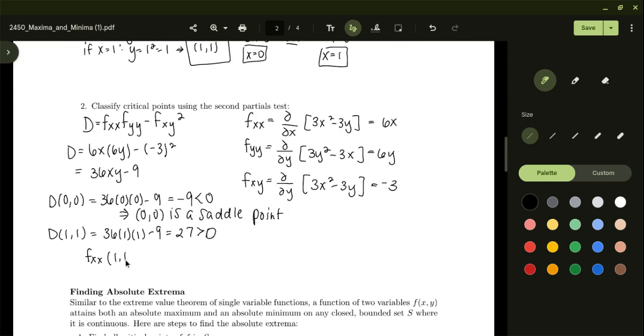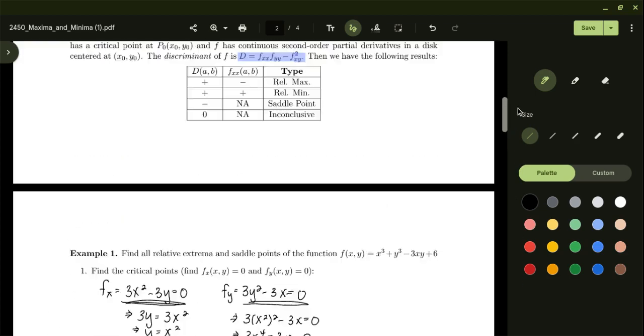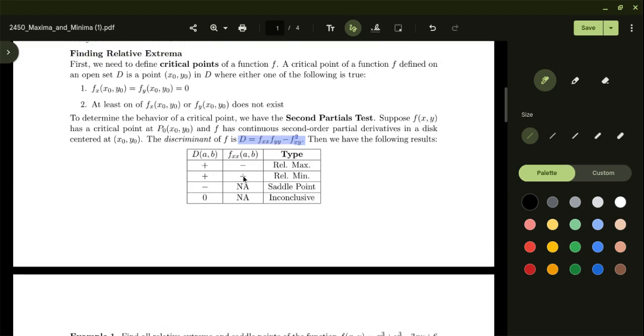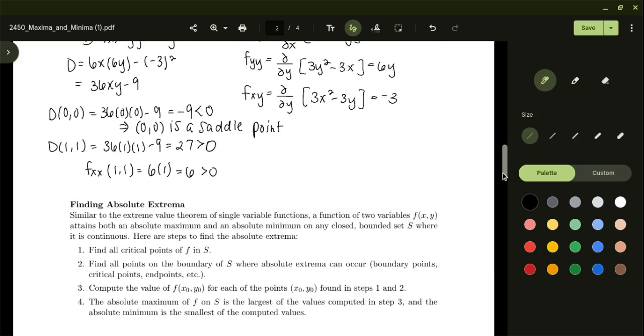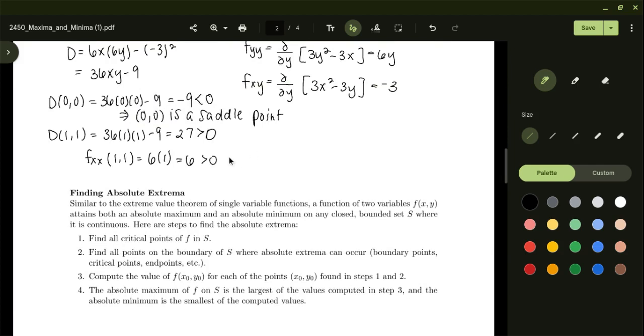Plugging in 1, we get 6 times 1, which is 6, a positive value. Looking at our table, we had a positive discriminant and a positive second order partial derivative with respect to x at our critical point. Therefore, we have a relative minimum. So this tells me that 1, 1 is a relative minimum.